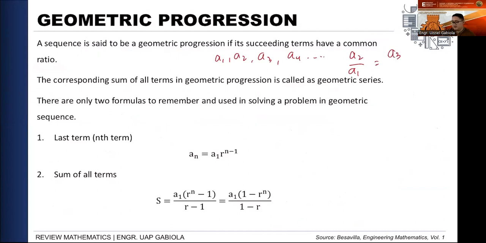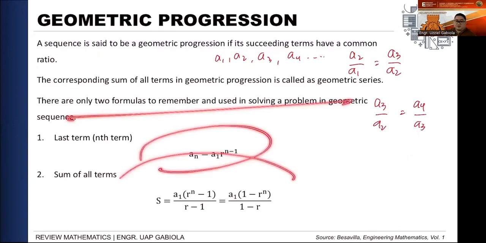Okay? Or A3/A2 equal siya sa A4/A3. Okay? Then once na na-satisfy siya, meron kang common ratio na r. And then, gagamitin mo na yung formula to solve for the nth term and then yung sum of all terms.